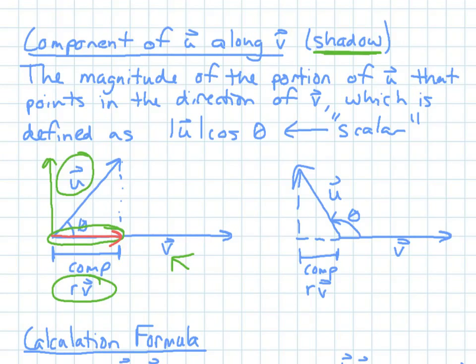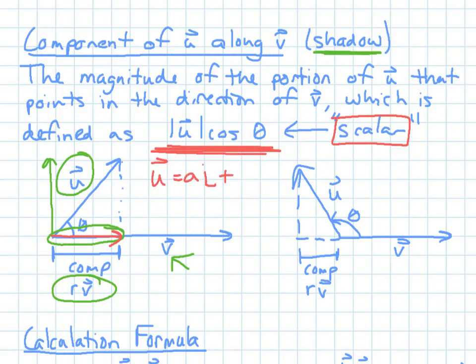So we can define this as the magnitude of u times cosine of theta. Now, because it's a component of u, you're talking about a scalar. So it's not a vector, it's just a number, because if I was to put u in ij form, it's this part, the a value that we were trying to figure out.